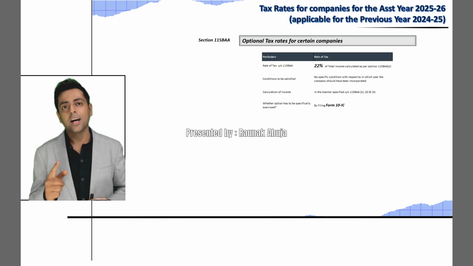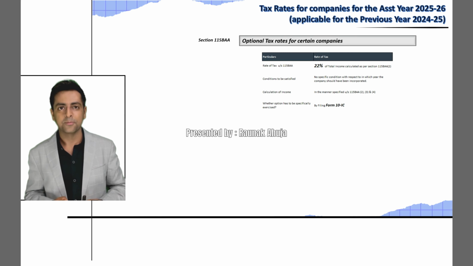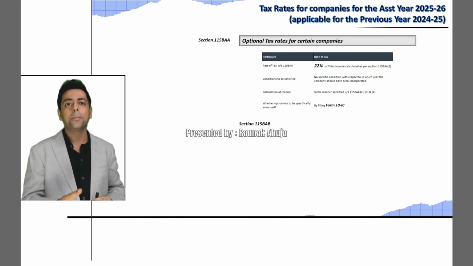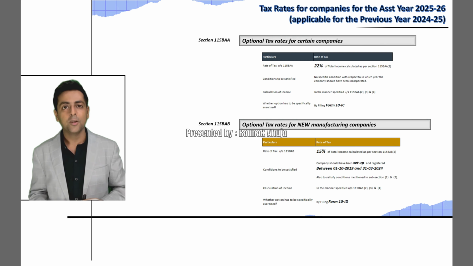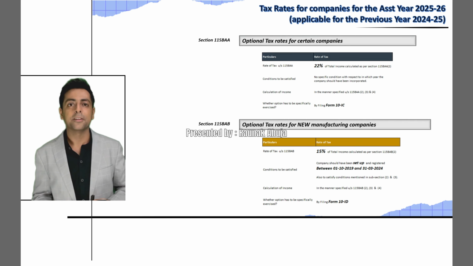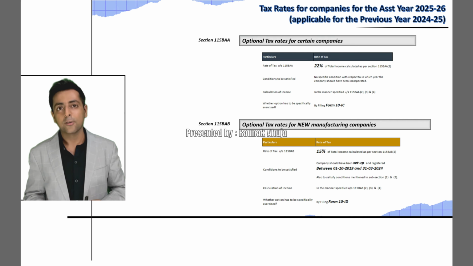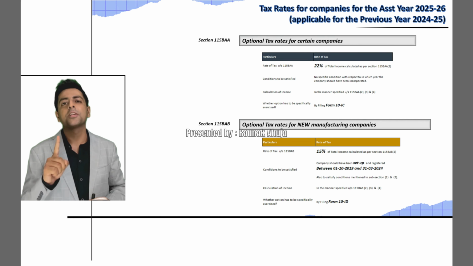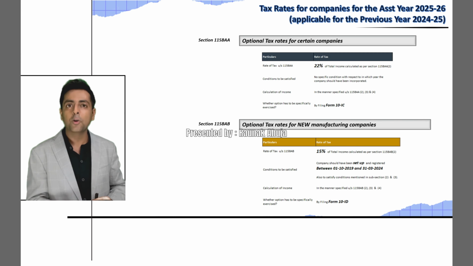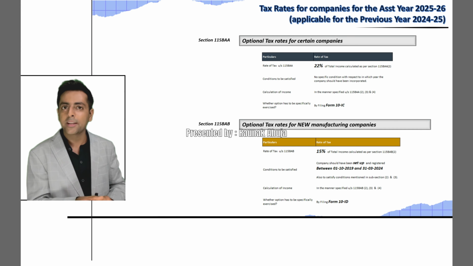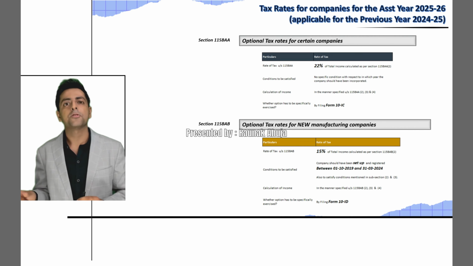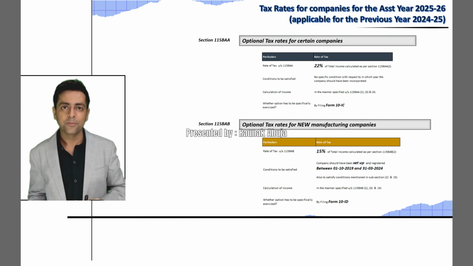Moving on to the other concessional rate section, which is 115BAB. Section 115BAB offers concessional rate of tax at the rate of 15% for new manufacturing companies that have been incorporated and registered from the 1st of October 2019 until the 31st of March 2024.